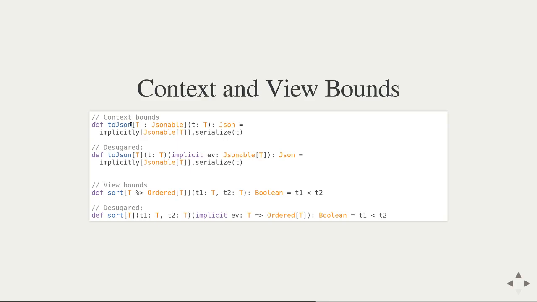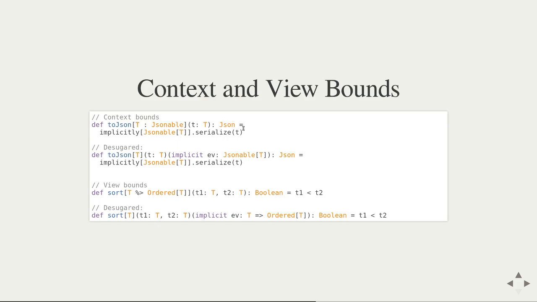So here I have a function called toJSON, which takes a type parameter of type T: JSONable, which desugars to what we saw in the JSONable example, where we take a T, and then it adds this implicit parameter list, which takes a JSONable of type T. That is all that this colon does.